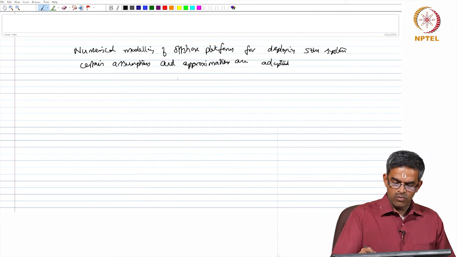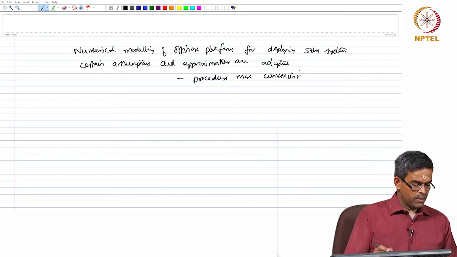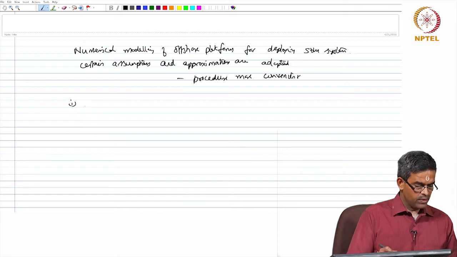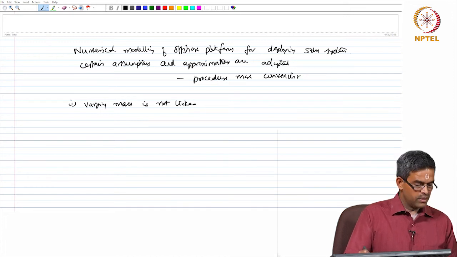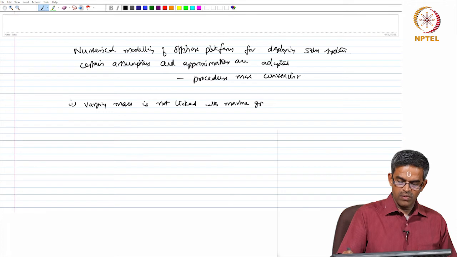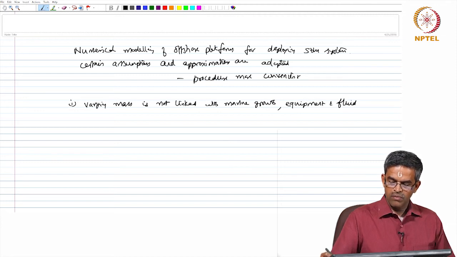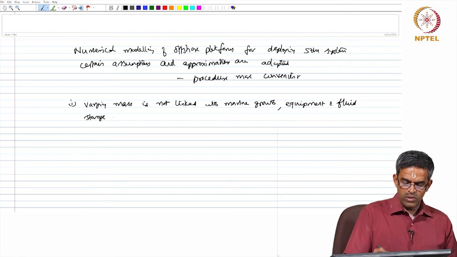This is done to make the procedure more convenient. They are: 1. Varying mass is not linked with marine growth. Equipment and fluid storage, which otherwise is temporary.